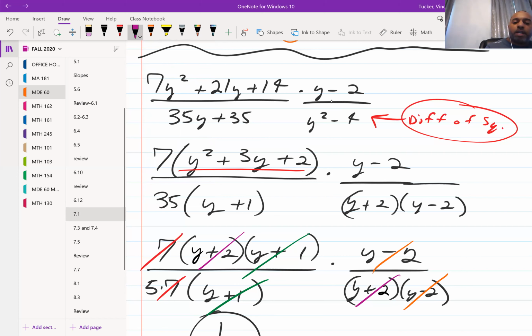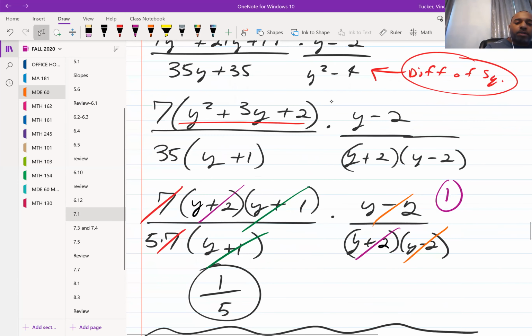So don't forget, if everything cancels out, then 1 is left. So in this numerator, everything canceled. And then in the denominator, 5 was left.